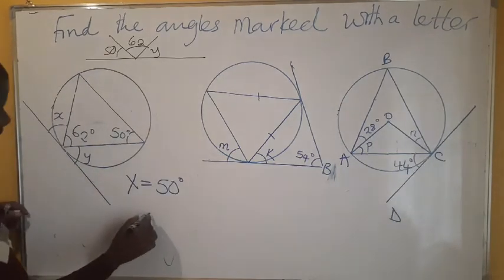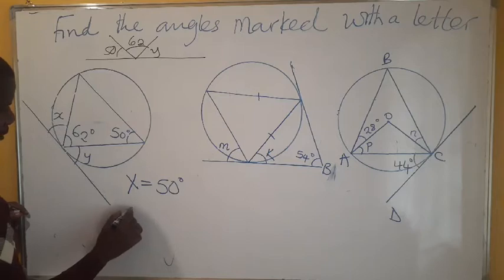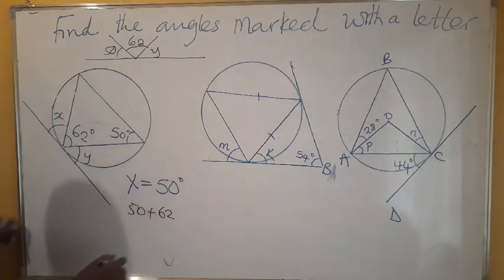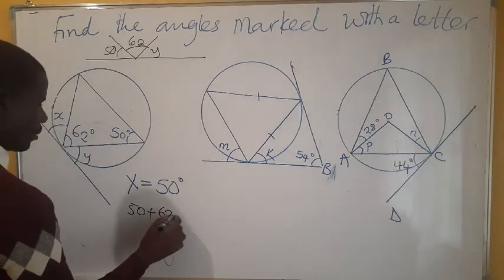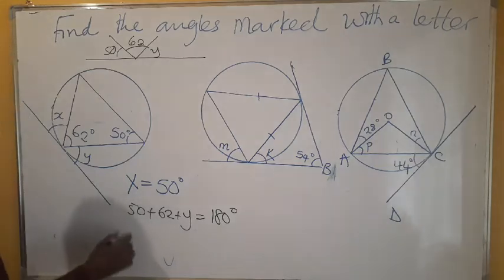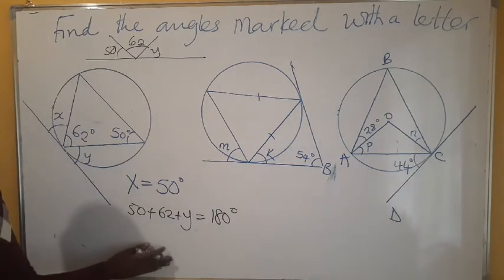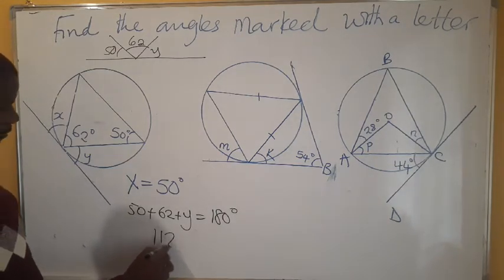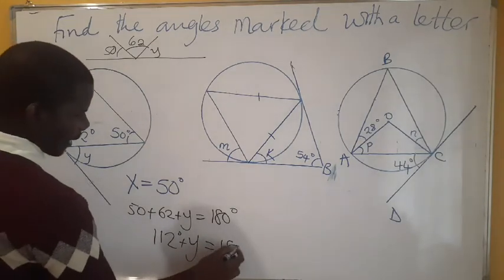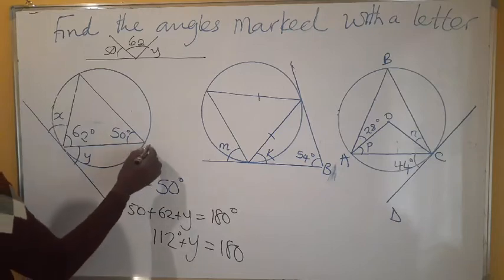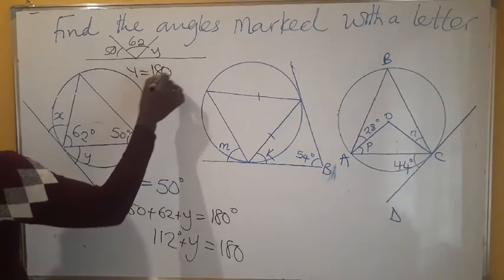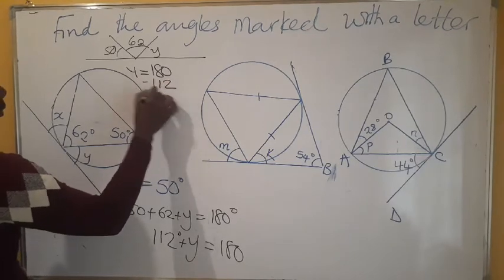Okay? So this is going to give us 112. I'm going to say 50 plus 62 plus y is equals to 180. Then this is going to give us 112 plus y is equals to 180. Then we say y is equals to 180 minus 112.